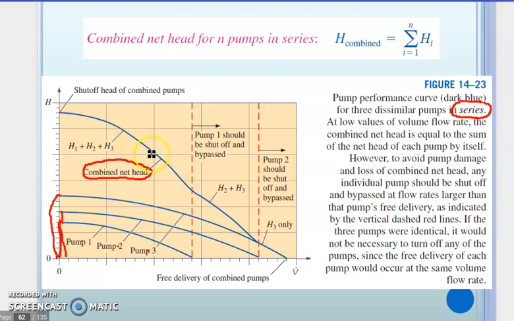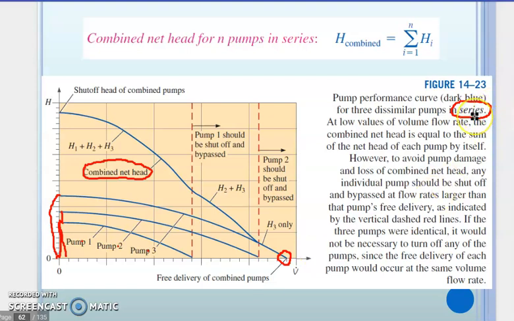This is the new combined net head for the three pumps. But for series configuration, only the head can be added up. For capacity, or Q, the largest capacity from those three pumps becomes the largest capacity of the new combined net head. This is the free delivery of the combined pumps.